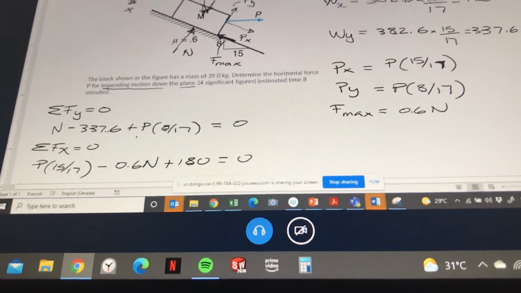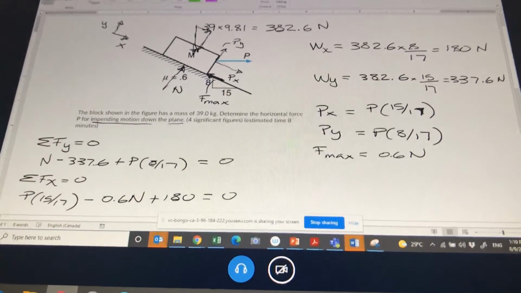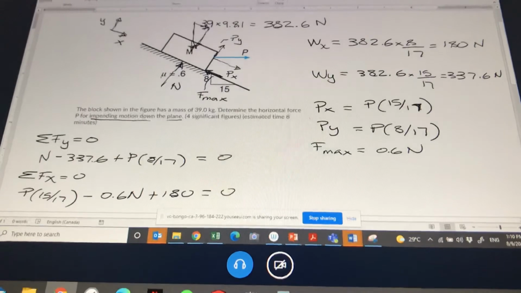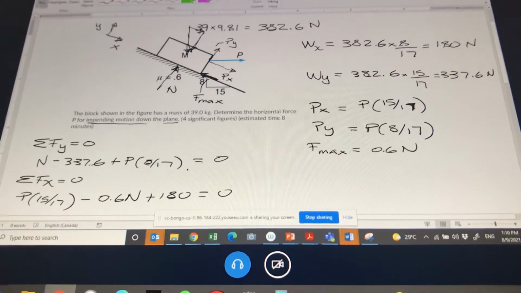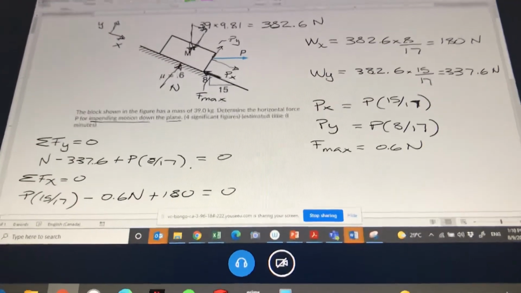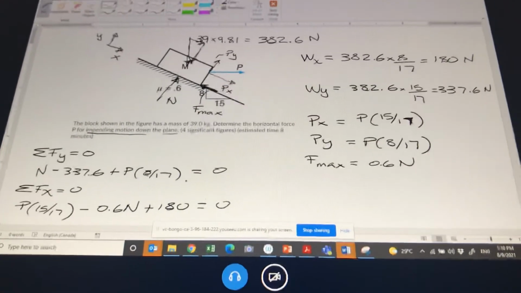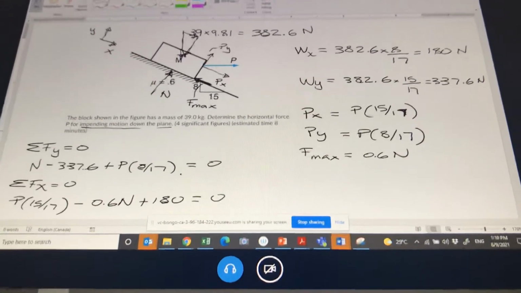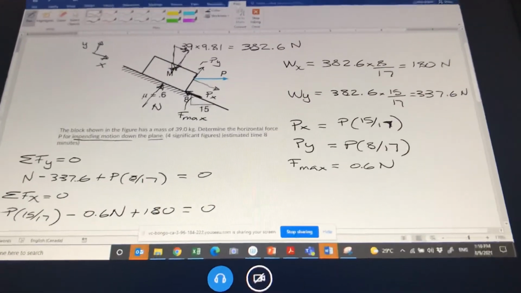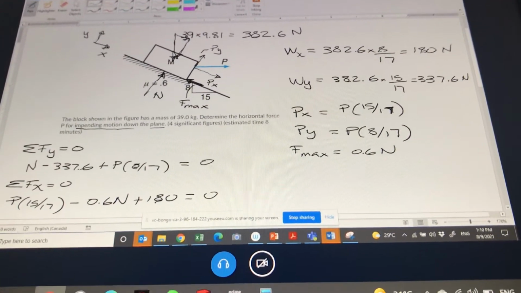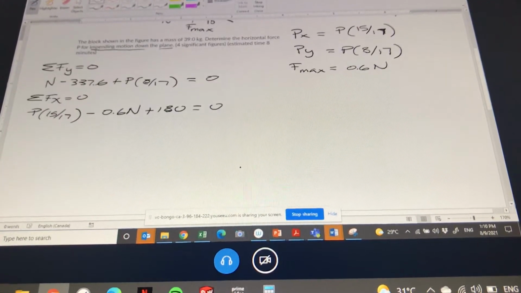Perhaps you can substitute, or isolate P from this equation and put it as a function of the normal force, and then write an equation as function of a normal force and solve, or the other way around, which is probably more convenient, which is to replace N in this equation with the correct value. So let's do it that way.